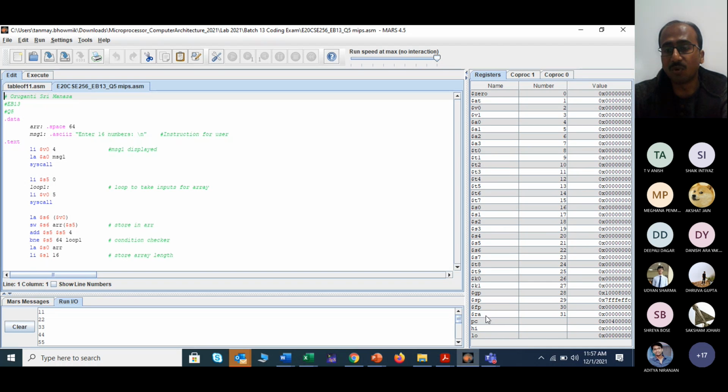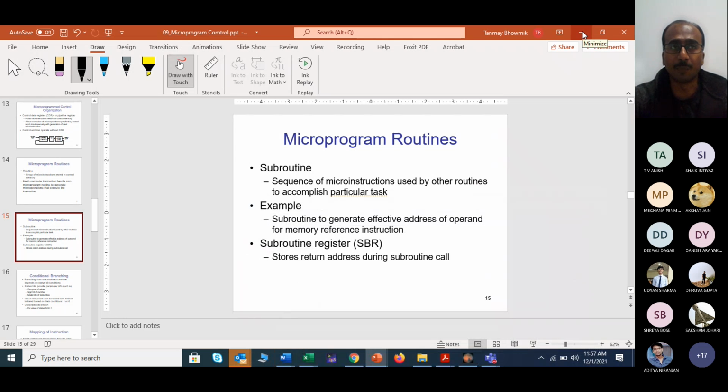See, this RA was your subroutine register. It holds the return address, because when you jump from one zone to another zone, you have to return back to your original location, and that return address is the same thing being termed here as the subroutine register. Okay.